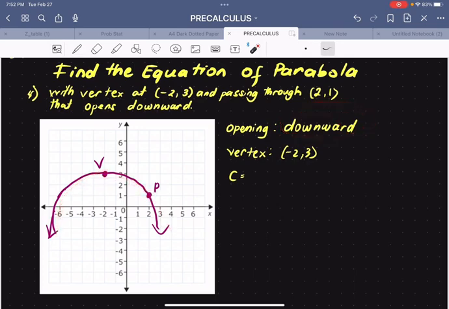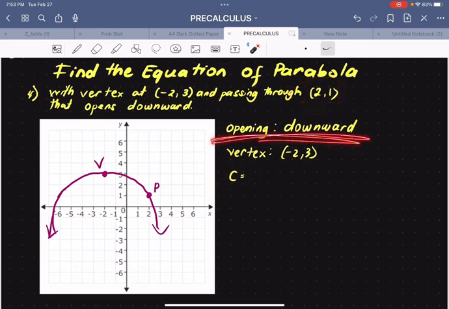So based on the given, we cannot easily determine what is the value of c. Okay? So we're going to find the value of c first before finding the equation. How? We're going to use the given vertex and the point on the parabola. Okay?